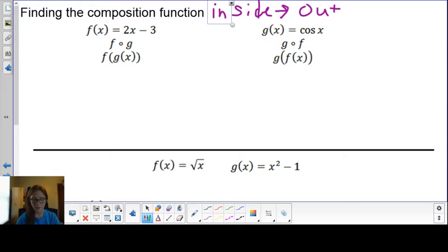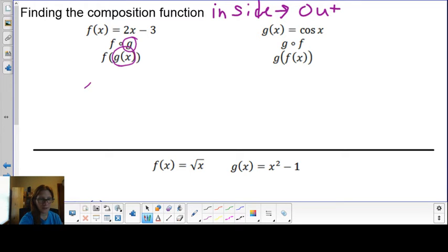So if we look at the example on the left, f of g is the same thing as saying f of g of x. So whatever is in the middle is going to be what we put inside of the other function.